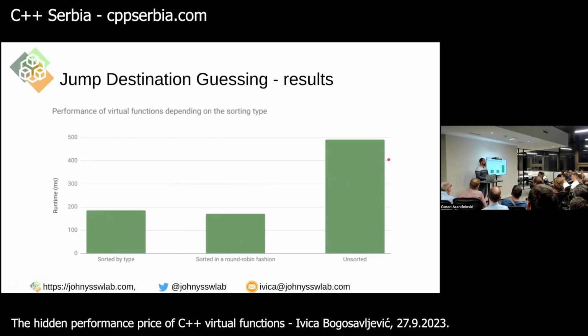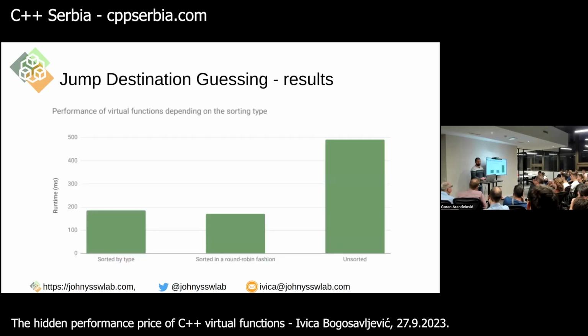So you can guess what's going on. The CPU was guessing the addresses, and in 2 of those cases, it managed to guess correctly. And in the third one, it didn't manage to guess correctly.